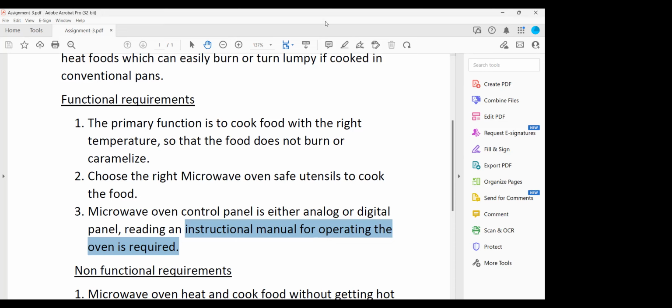Does the usage of electricity come under non-functional or functional? Very good, it's non-functional. The usage of electricity, the cost of the oven.